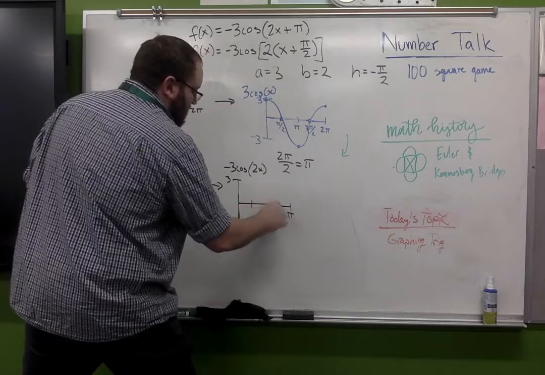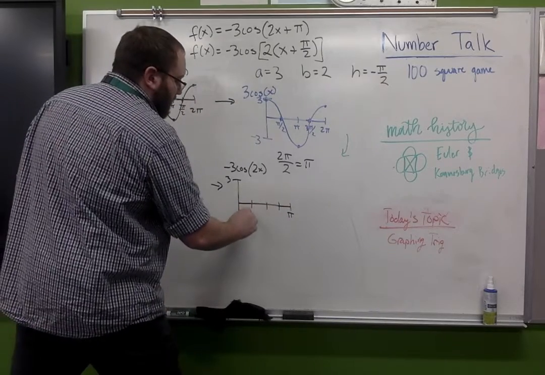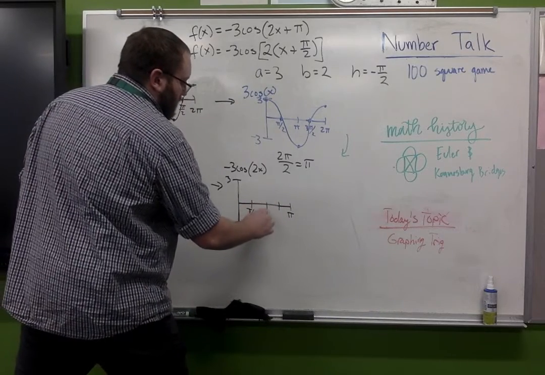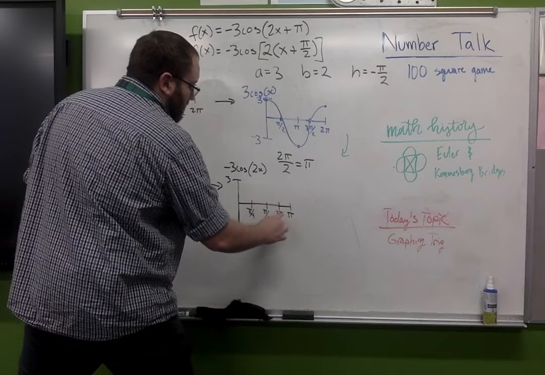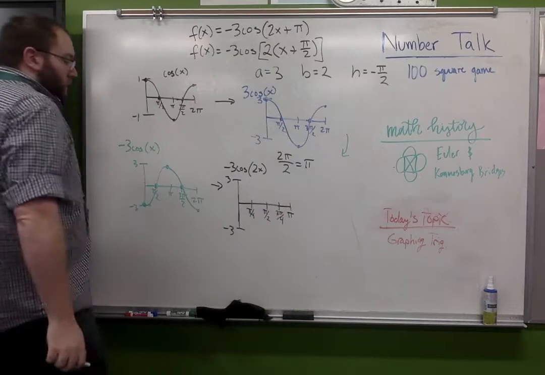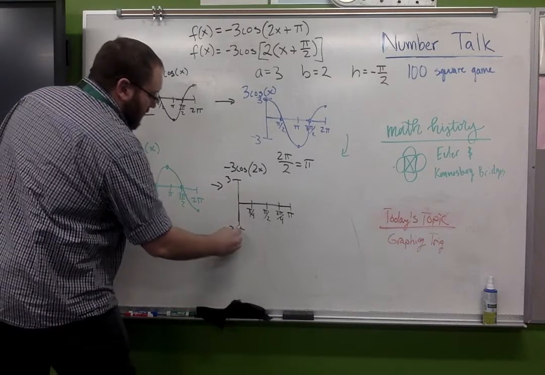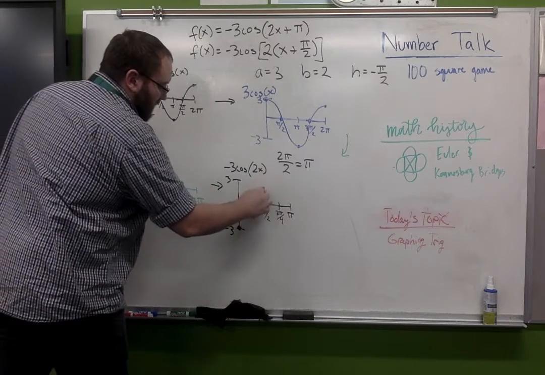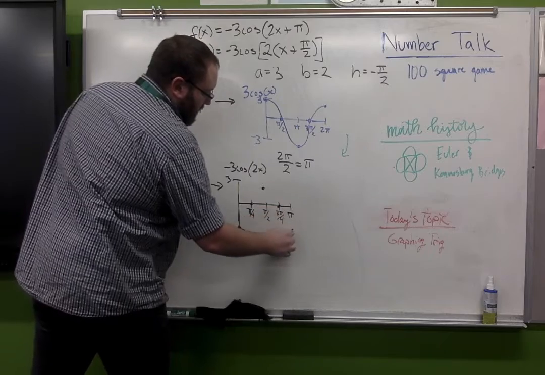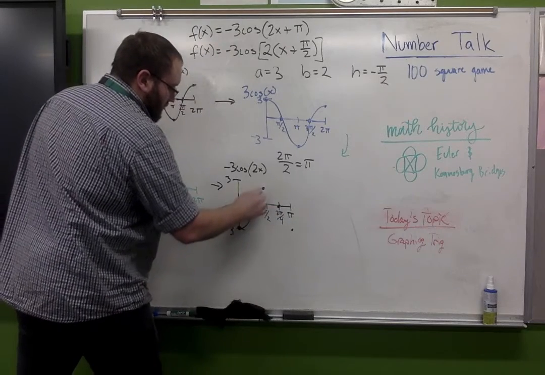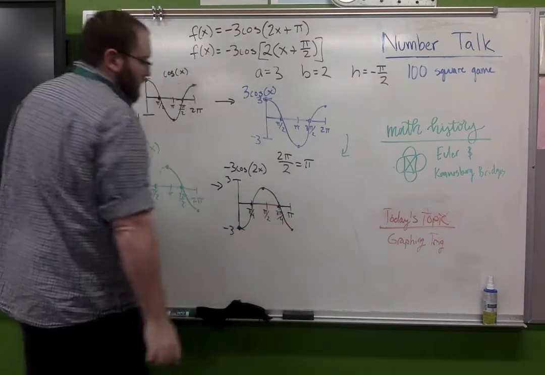Cut pi into fourths, so increments of pi over 4. Okay, and now these points stay the same. So we're still down at -3, 0, +3, 0, -3. Like that.